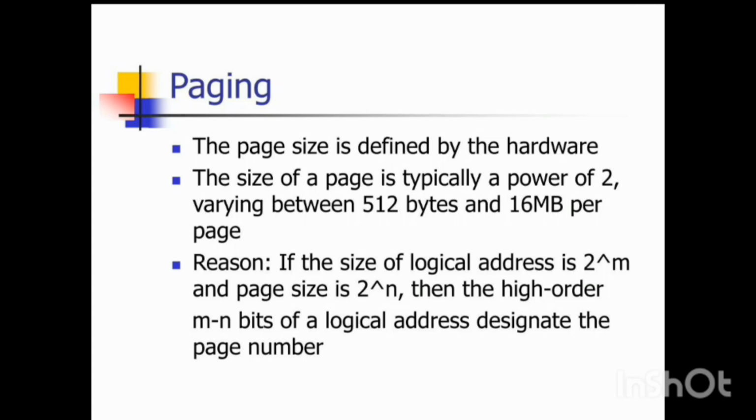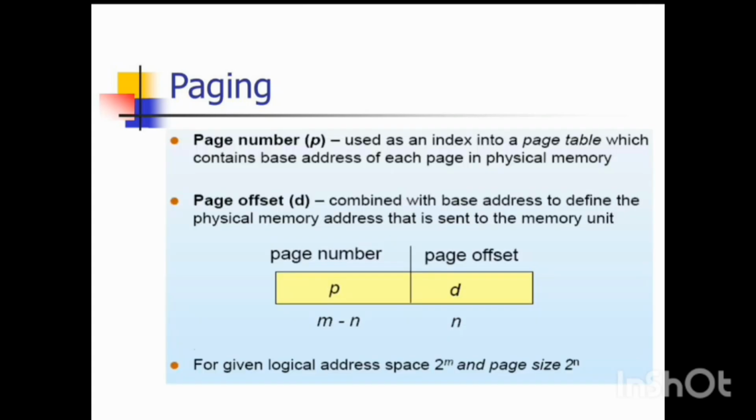Reason: if the size of the logical address space is 2 raised to m and the page size is 2 raised to n, then the high-order m minus n bits of a logical address designate the page number. The page number P is used as an index into a page table, which contains the base address of each page in physical memory.